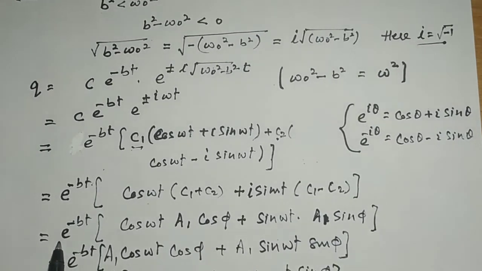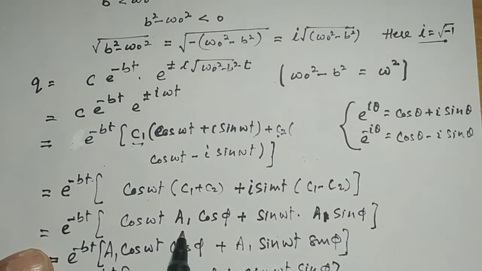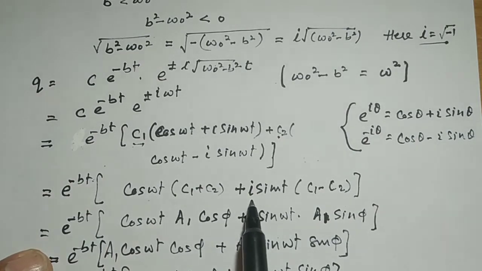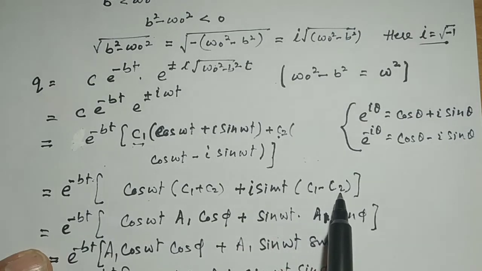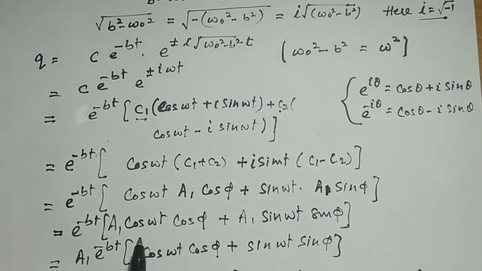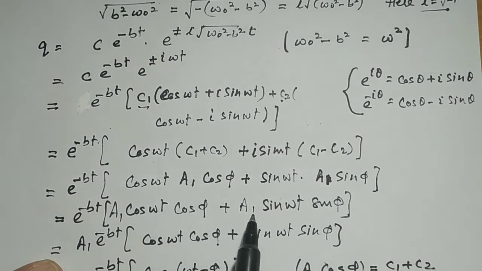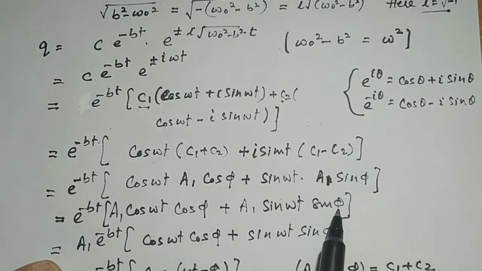Then we can substitute C1 plus C2 as A1 cos phi, and iota times C1 minus C2 as A1 sin phi. We can take A1 common here, so we can write cos omega t cos phi plus sin omega t sin phi.